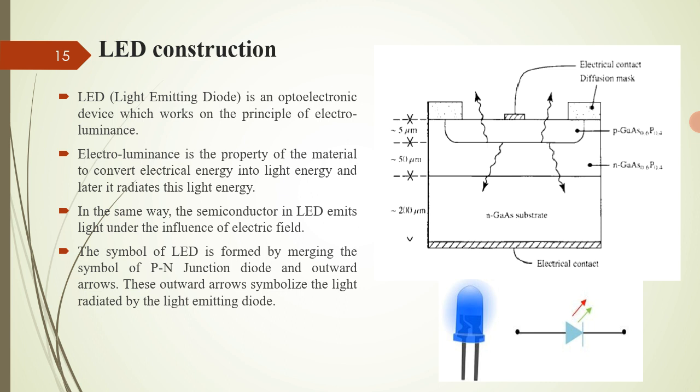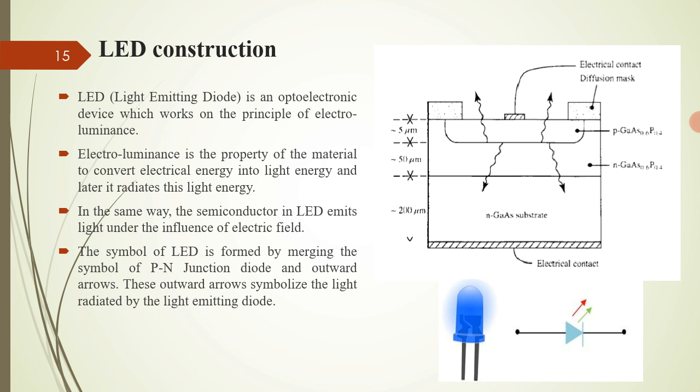Here the LED is an optoelectronic device which works on the principle of electroluminance. Electroluminance is based upon the electric field concept. It uses the property of materials to convert electrical energy into light energy, and then radiates that light energy.